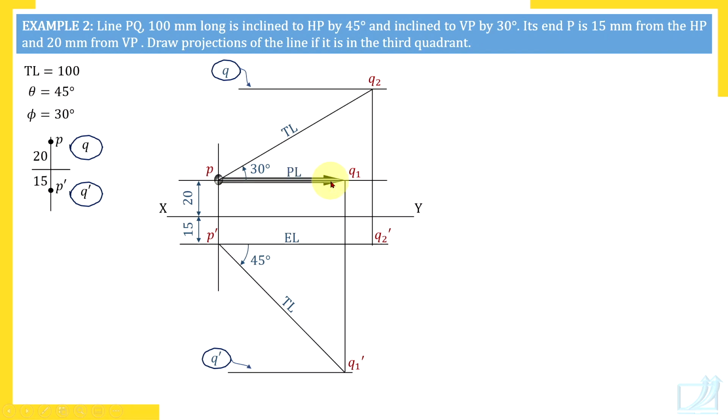When you rotate PL, you should rotate it through the reference point. The reference point is P. So, P as a center and PQ1 as a radius, you draw an arc, in an anti-clockwise direction, because by rotating PQ1, you should get PQ. So this is how we have located point Q.